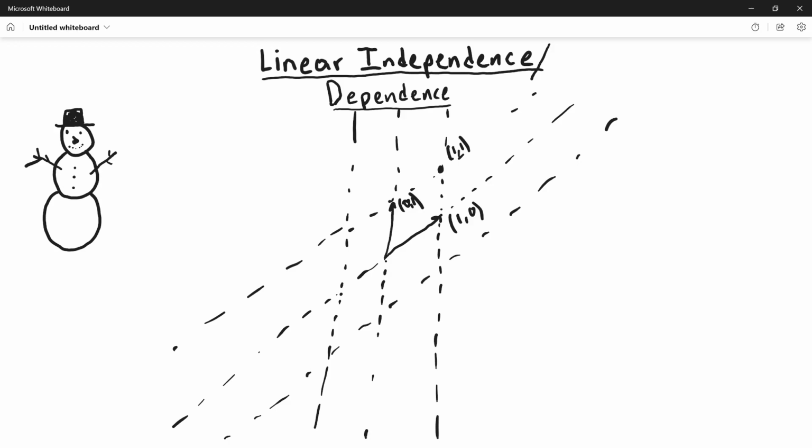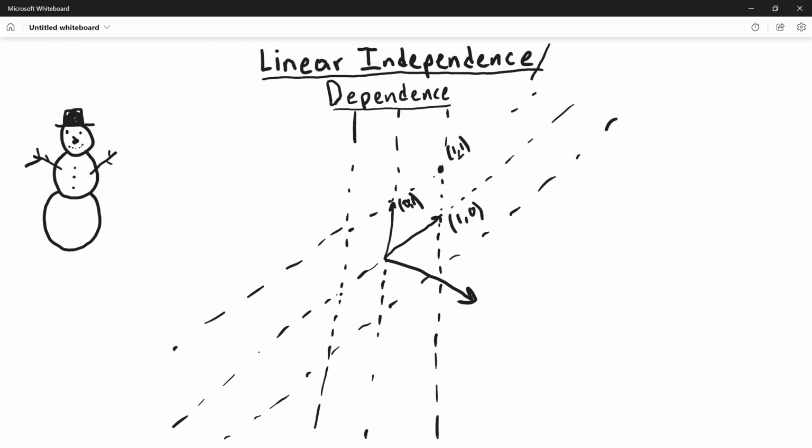And now if we add another vector to this, let's say it points down like this, we can still only span 2 dimensions, right? It's still in that coordinate plane, so it doesn't affect our span at all. It's just a part of the coordinate plane we already had. So we don't need that vector either. But does that mean that that is the linearly independent vector? No, it doesn't.